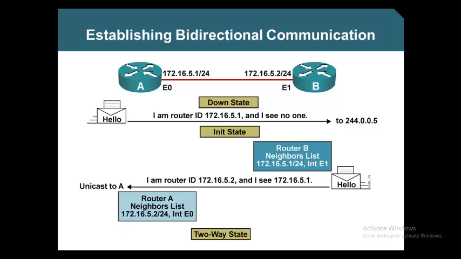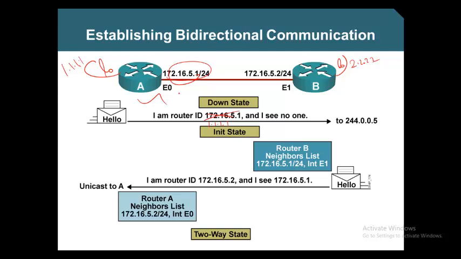Let's take a scenario like this. We have a loopback interface, and the IP address of this loopback interface is 1.1.1.1, and this one is 2.2.2.2. So A sends the packet with the router ID 1.1.1.1, but the source address of the packet is this.